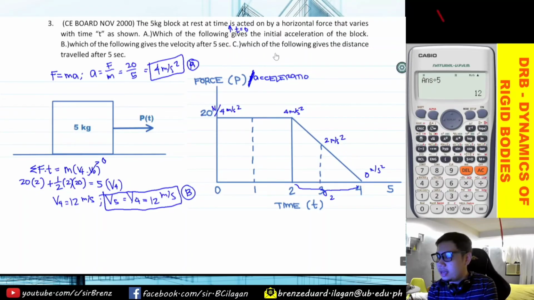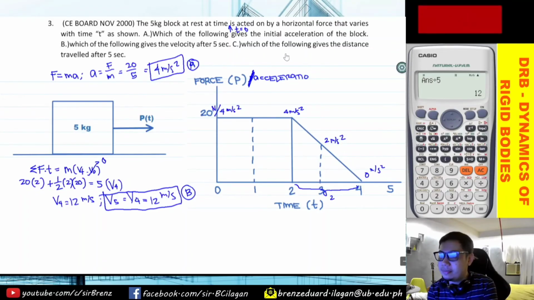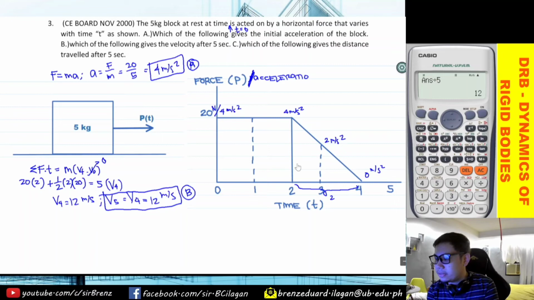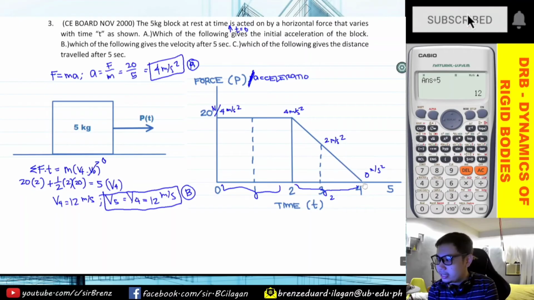And last, which of the following gives the distance traveled after 5 seconds? Okay. So the first thing that we need to do here is to determine the velocity during the first 2 seconds. Kasi nauna natin yung velocity niya at 4th second to 5th seconds.